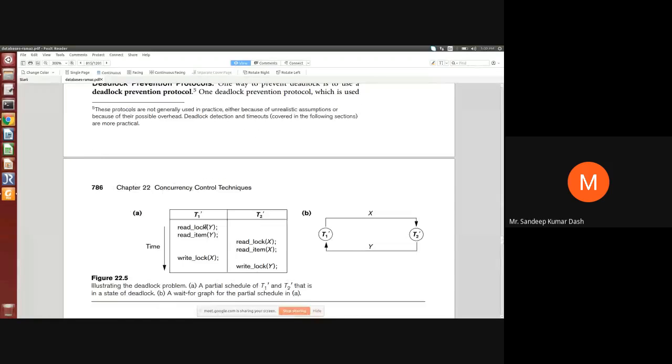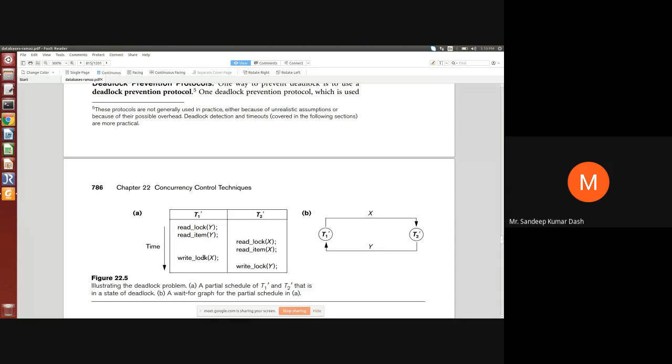For example, you see here T1 and T2, two transactions. T1 has a read lock on Y, then it reads the item Y. T2 has a read lock on X, then it reads the item X. Then a write lock is required on X by T1. That means T1 is requesting a write lock on X, which is held by T2 in read mode. Unless this lock is released, the write lock will not be granted to T1.